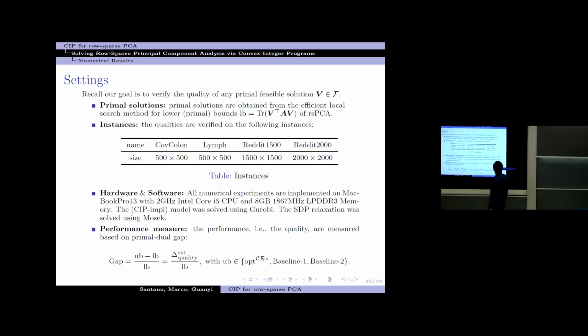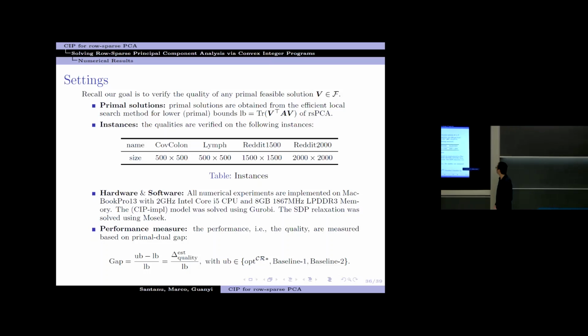So here's the setting. We compute the primal solutions based on our local search method, and we test the following instances. You can see that it's a 500 times 500 matrix, and the largest one is a 2000 size matrix.